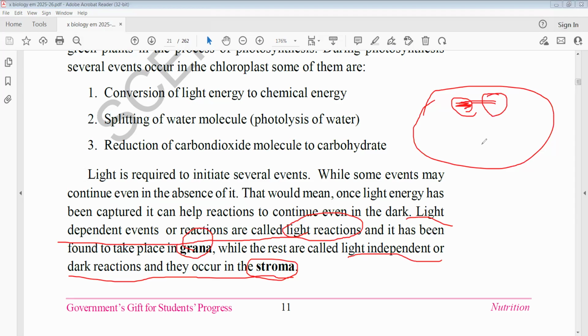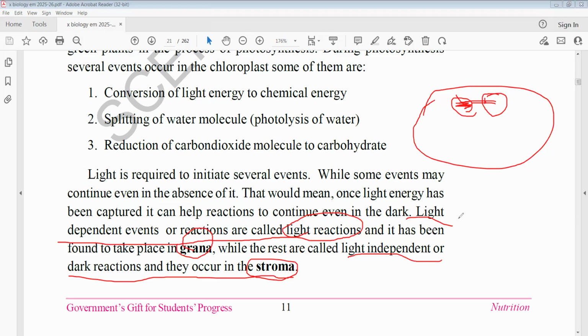Light reactions occur in the grana thylakoids, whereas dark reactions occur in the stroma. So we conclude that photosynthesis has two phases, a light phase and a dark phase.